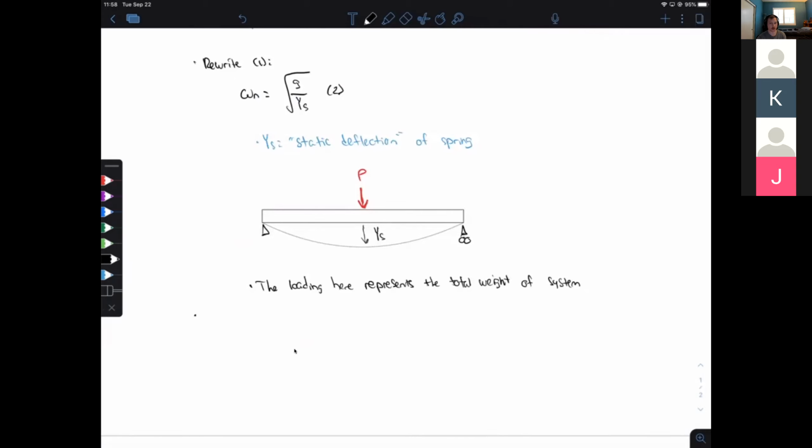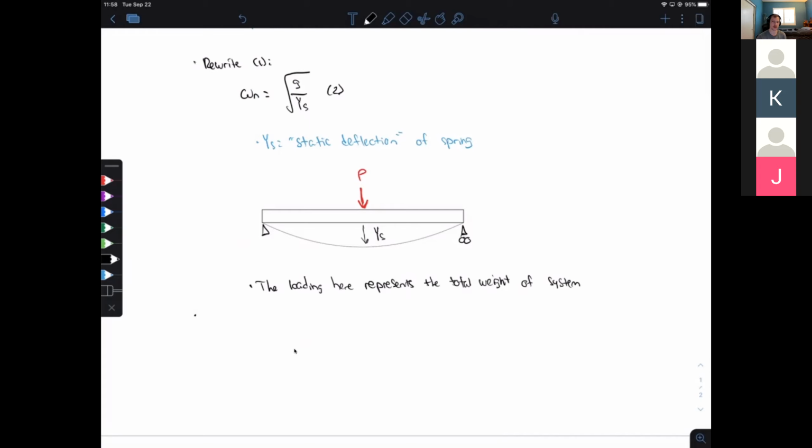If we were going to use this equation for the lab, we'd have to measure that deflection. But there's really an issue with this equation because there's an assumption that the beam is massless. When we are calculating our natural frequency, typically we do the square root of k divided by m, where m is the mass.